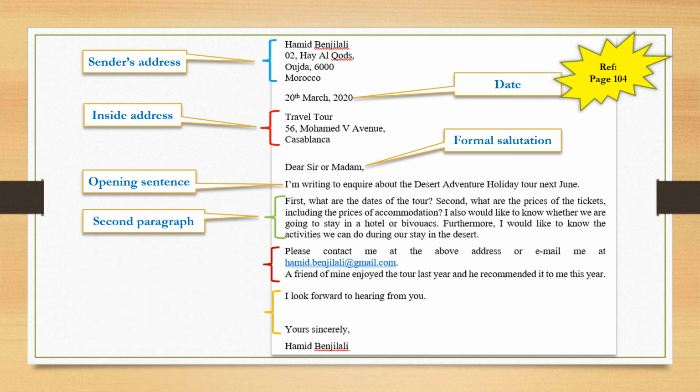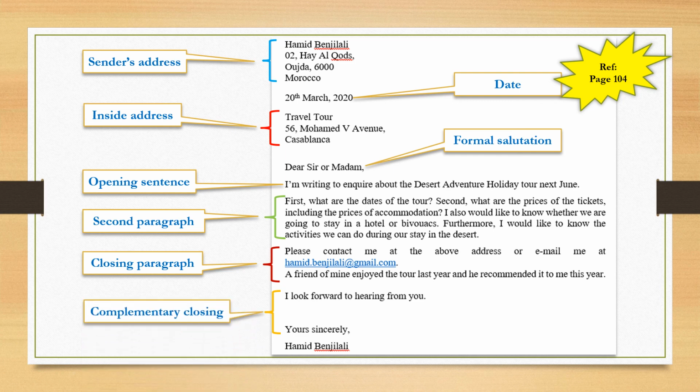Then you can move to the second paragraph, in which you can give more details about what you want from this person. Then you move to what is called the closing paragraph, in which you make an introduction to the closing of the letter, and you give more information.